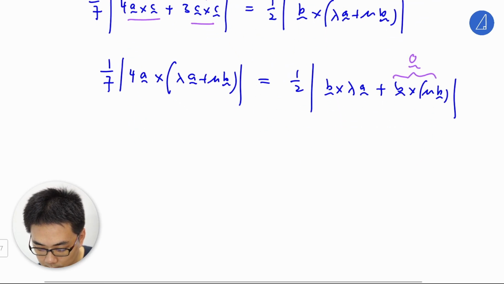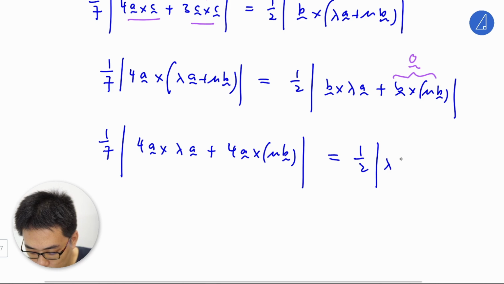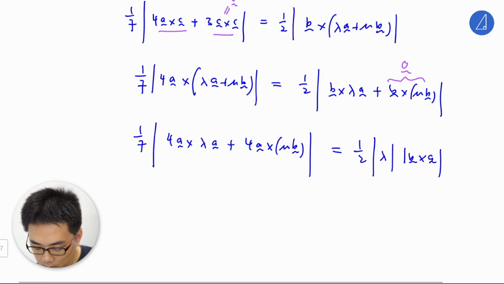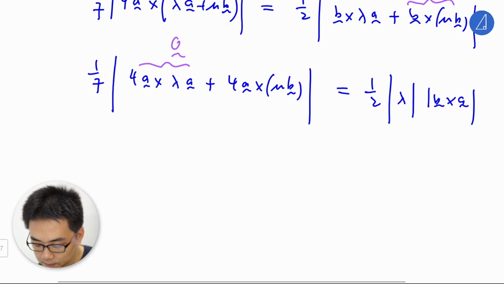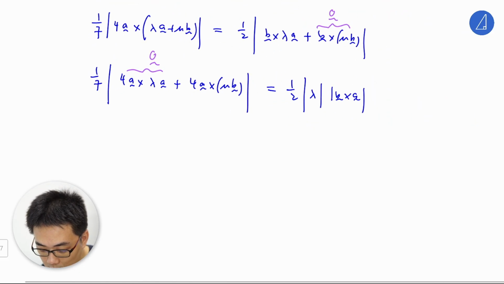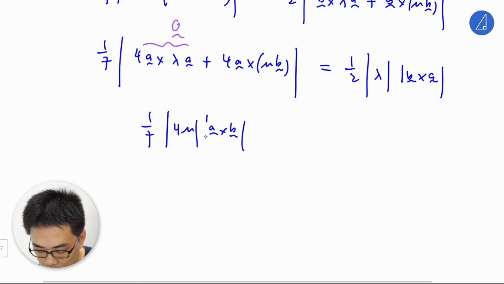Same thing, slowly. Zero vector, you can skip steps. I'm doing it very slowly so that we are all on the same page. We just bring it up.